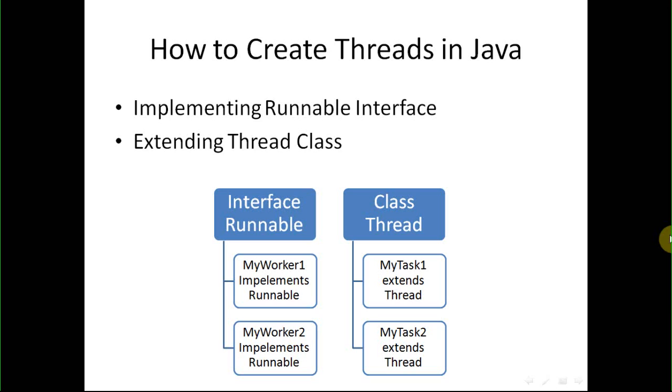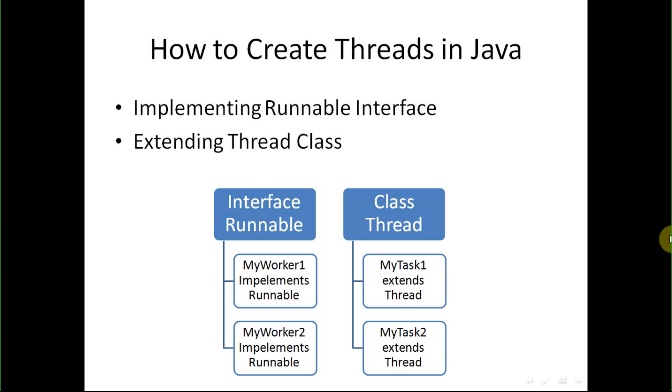You compose it into your thread class. But when you extend Thread, you are actually using inheritance. So these are the most important differences between them, which I will discuss deeply.